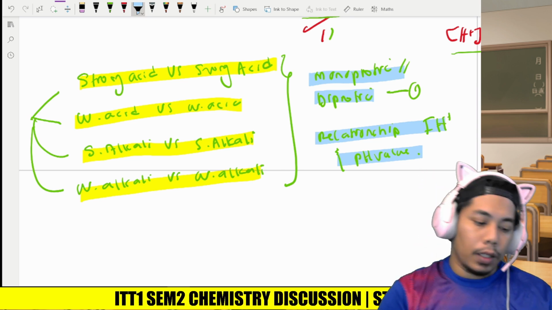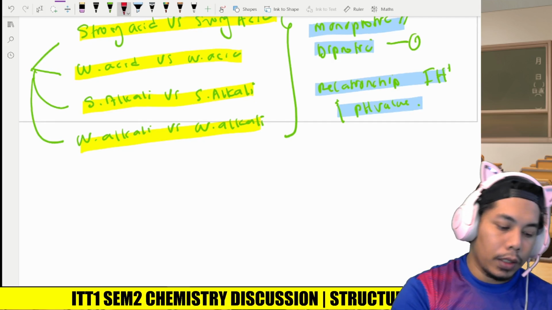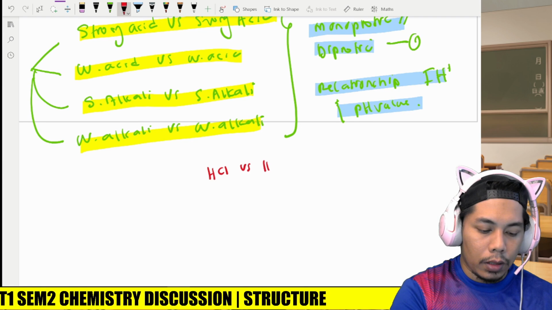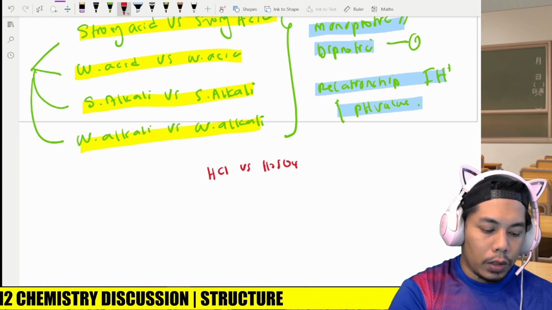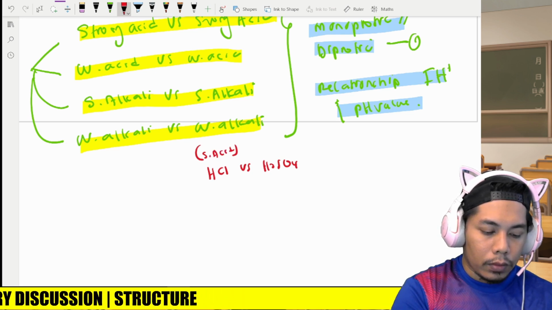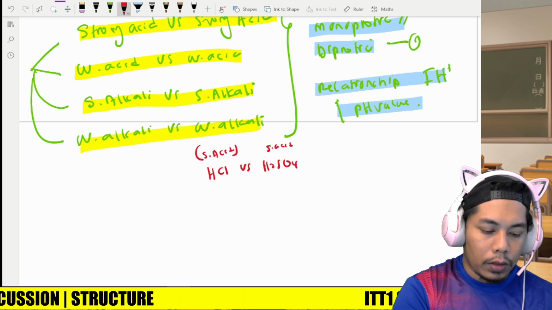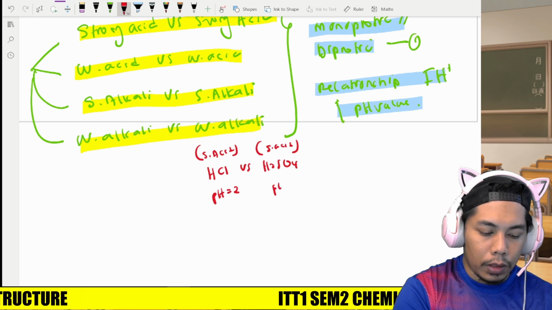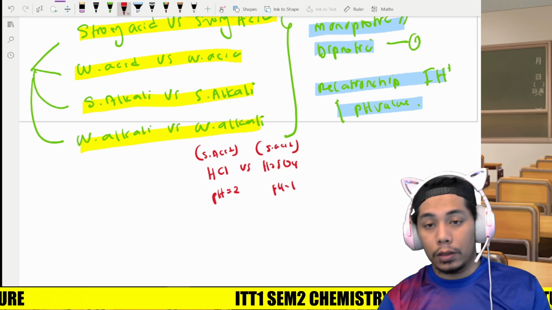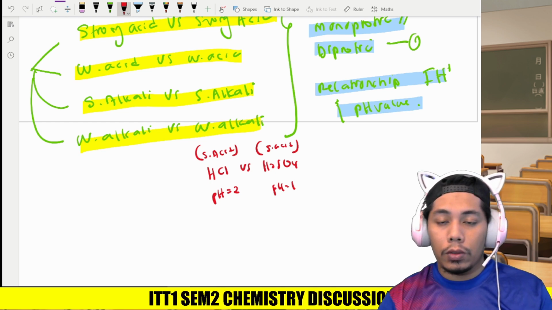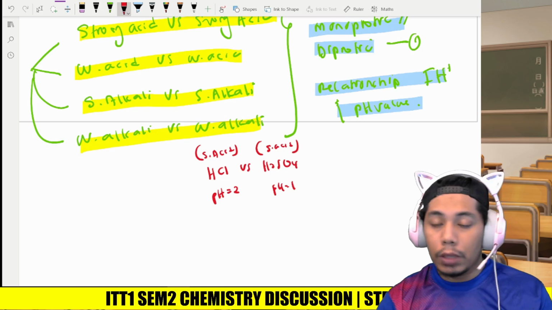Okey. Contoh dekat sini saya tambah sikit lah. Katalah soalan tu HCl versus H2SO4. Dua-dua adalah strong acid. Okey, let's say lah yang ni pH dia 2, yang ni pH dia 1. So soalan tanya, explain why the pH of H2SO4 and HCl is different. Macam mana nak explain?